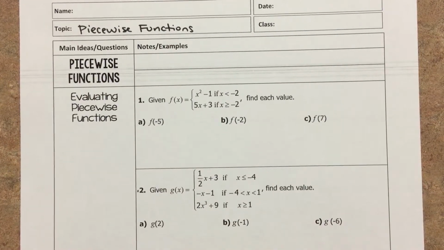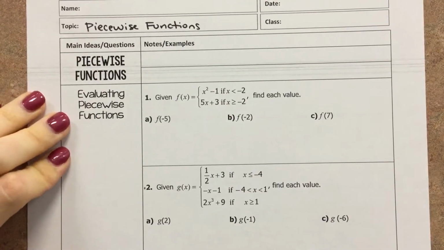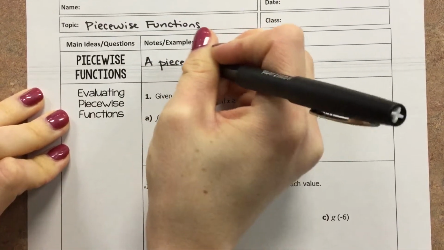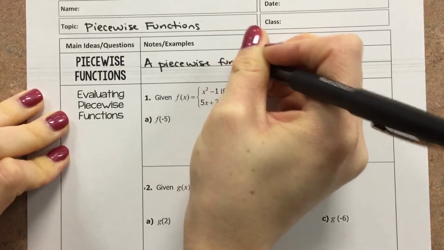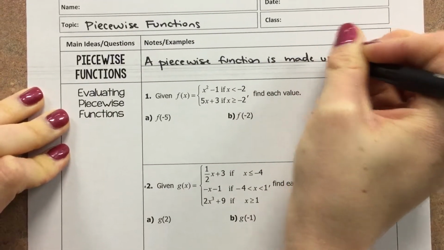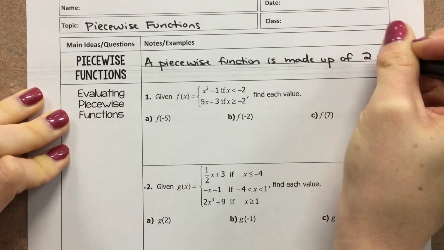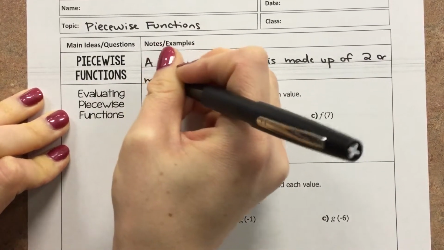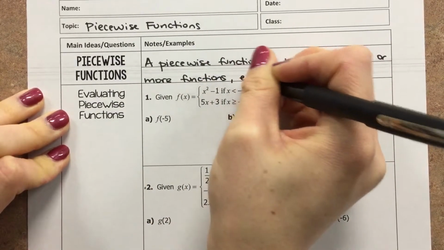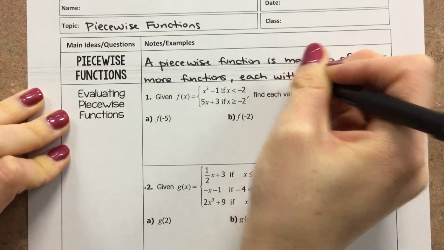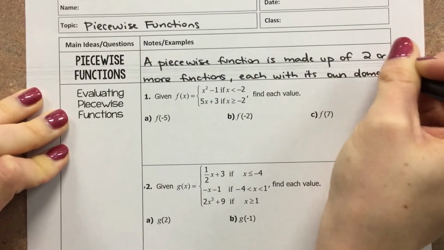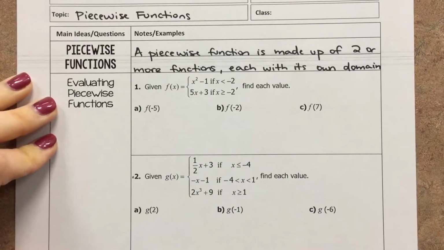So in this first set of lines, we just have a quick definition that we're going to write down. A piecewise function is made up of two or more functions, each with its own domain.